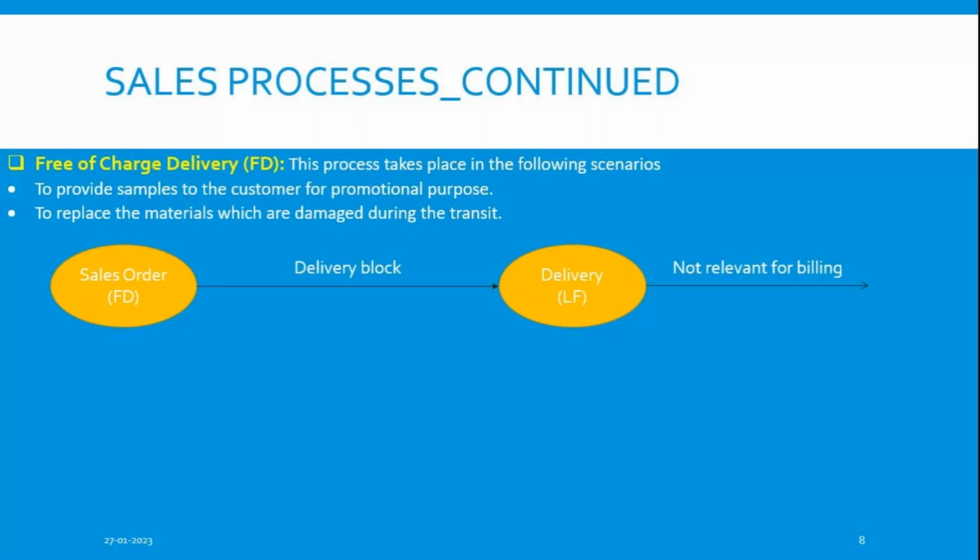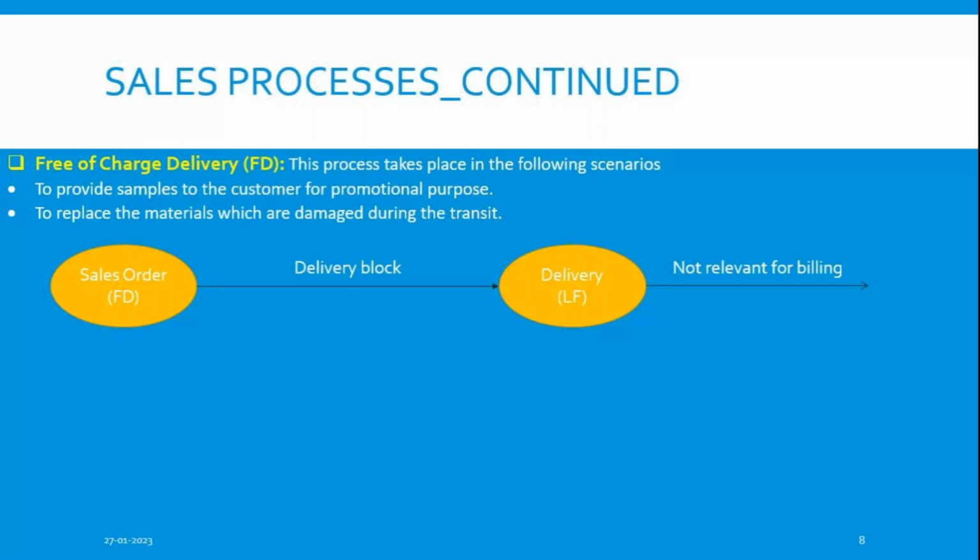Then the authorized person will review why we are giving this free of charge delivery, and then remove the delivery block in the SAP system. Once he removes the delivery block, the delivery gets created.